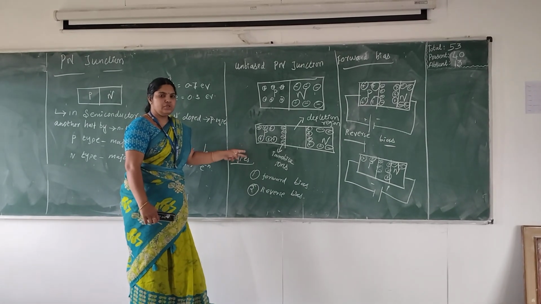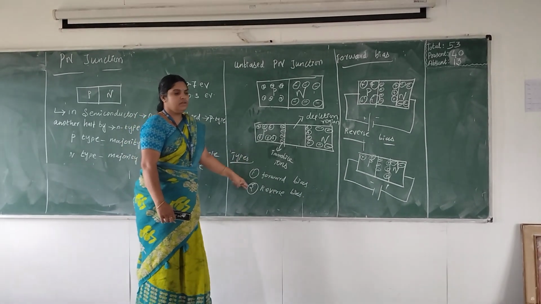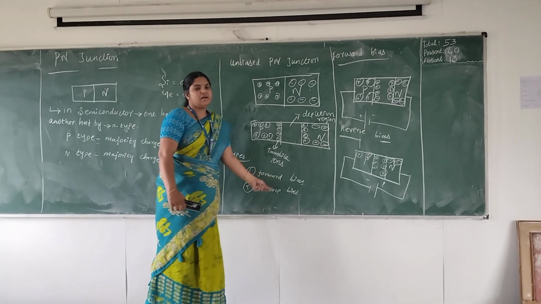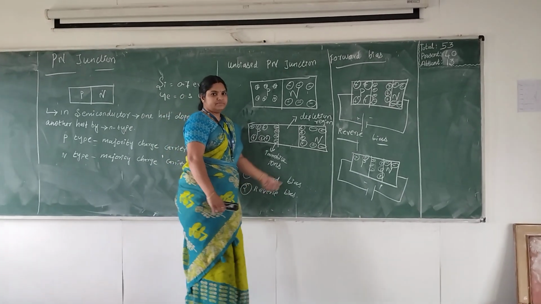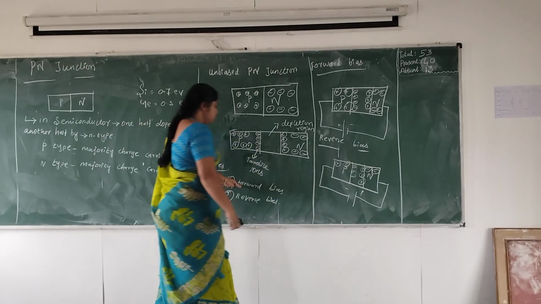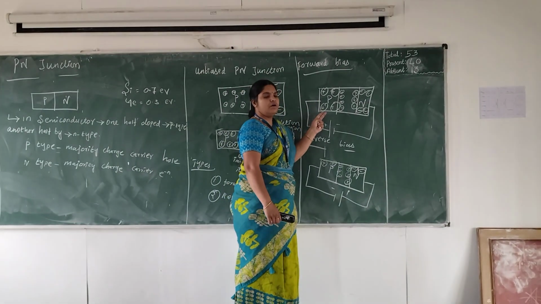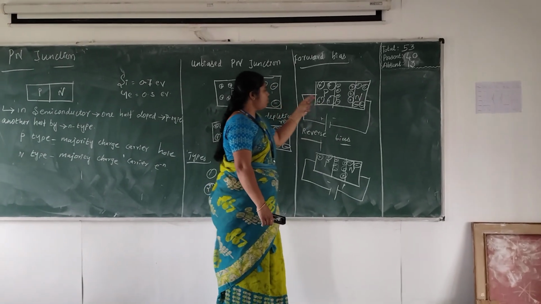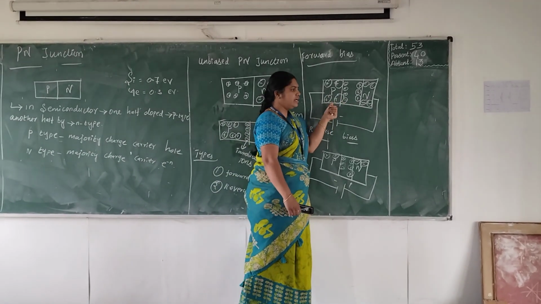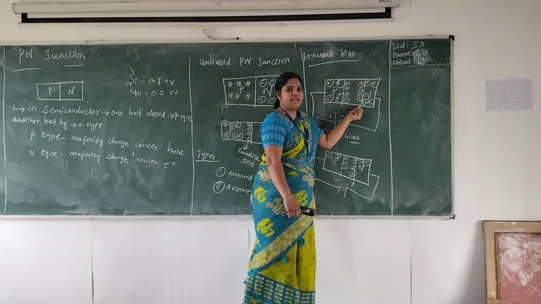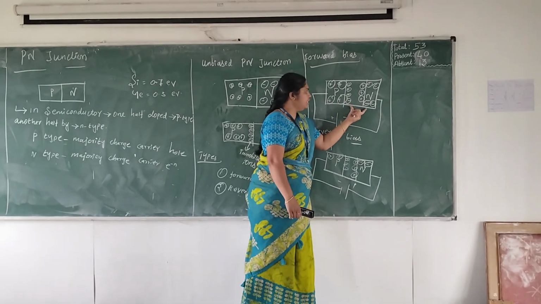We have two types of biasing: forward bias and reverse bias. First we discuss forward bias. We already know that we form the PN junction by joining P-type and N-type material together.